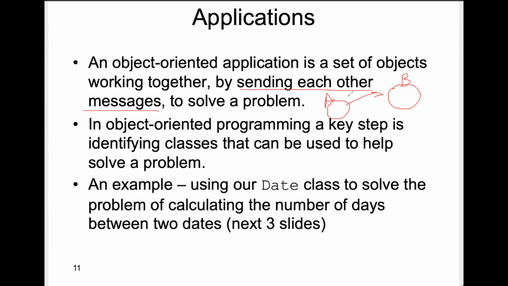And that is the same as saying A is sending a message to B, and that message is the name of the method inside B. Okay, I hope this makes sense. But anyhow, the point is that inside the application you have tons of these objects. You can have hundreds of these objects, all interrelated in some shape or form.